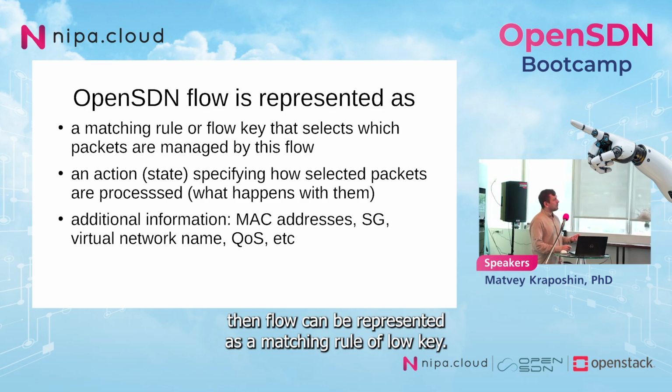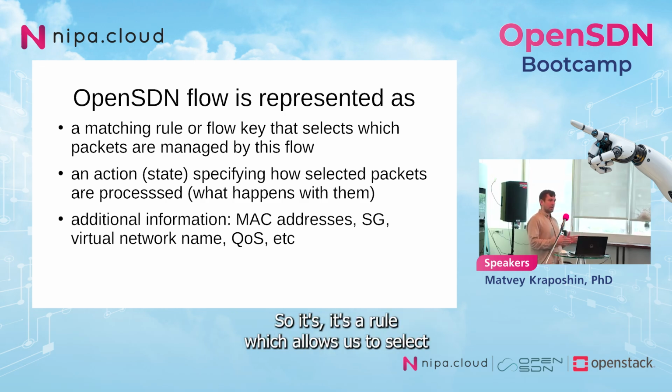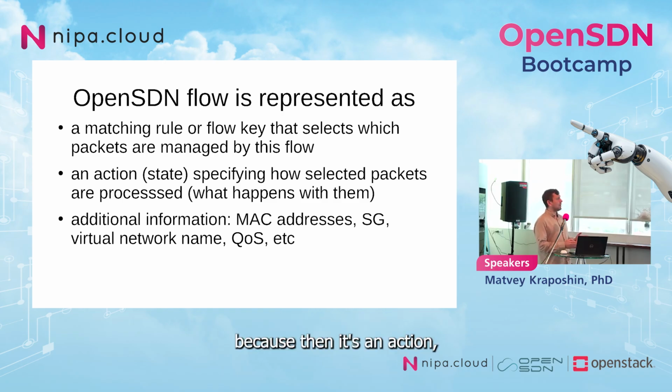And in OpenSDN, a flow can be represented as a matching rule or flow key. So it's a rule which allows us to select packets. Then there is an action which is associated with selected packets: drop, mirror, forward, and so on.